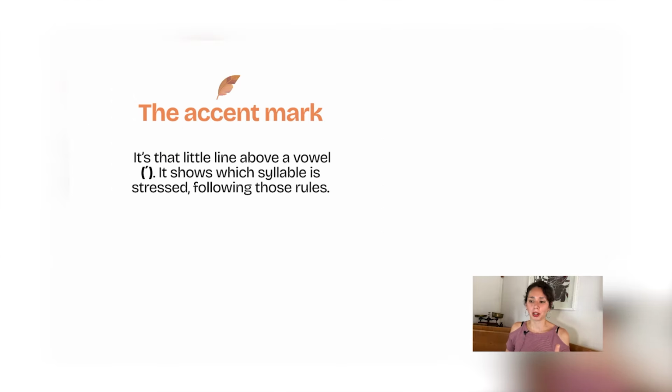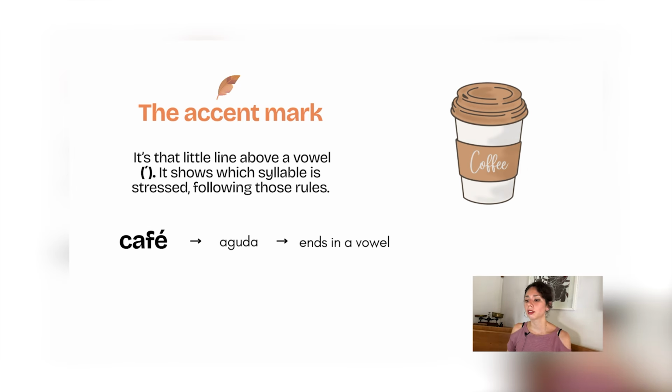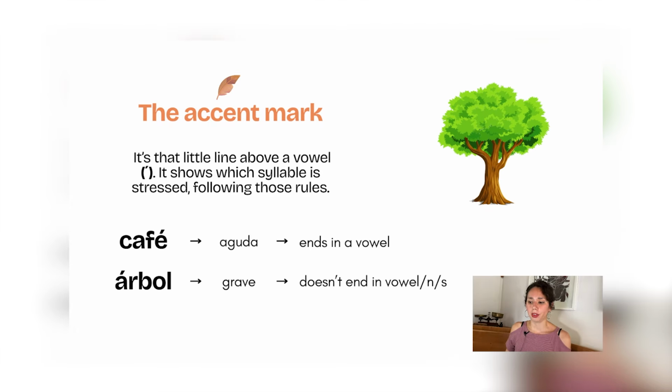The accent mark is that little line above the vowel. It shows which syllable is stressed, following those rules. For example, café. It's aguda and ends in a vowel. Café. You can see the accent mark in the E. Árbol.